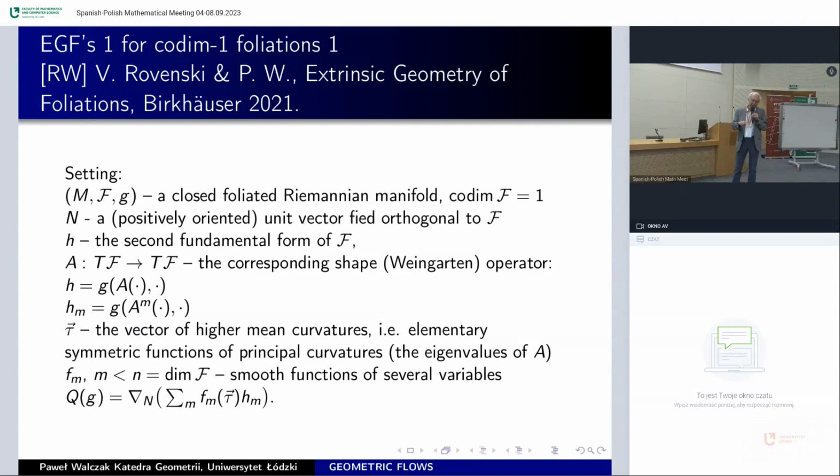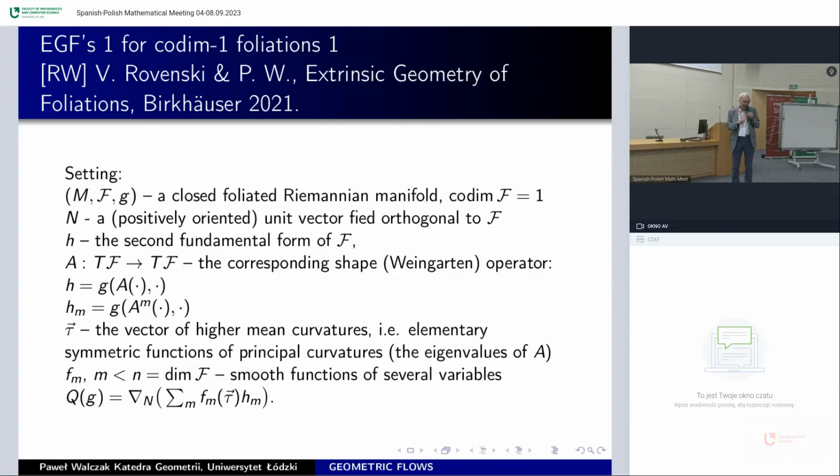Principal curvatures means just the eigenvalues of the shape operator. And then, using all these objects, we can define this quantity Q, which depends on G and F, which is defined in the last line.